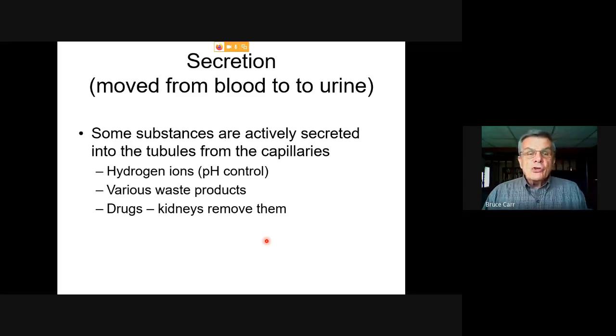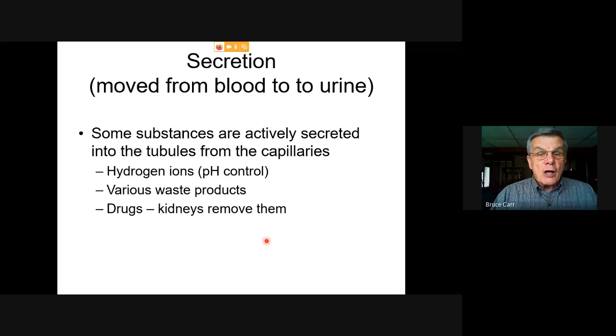Secretion. Secretion is moved from the blood to the urine. Hydrogen ion and various waste products are basically moved to the urine and excreted from the body. This is a more variable process. So, for example, you stop and you get one of those 44-ounce big gulps, and you put 44 ounces of pH 3 in your body.